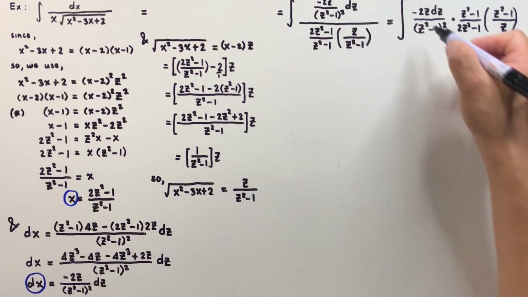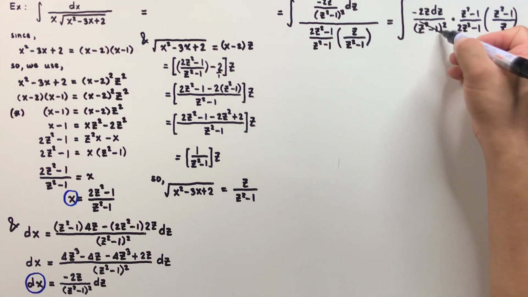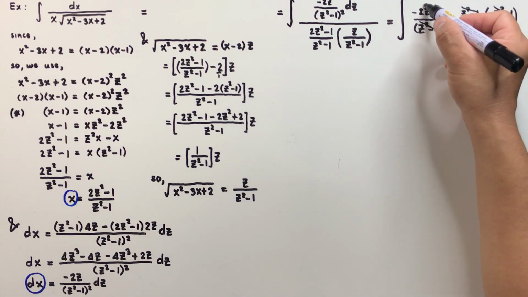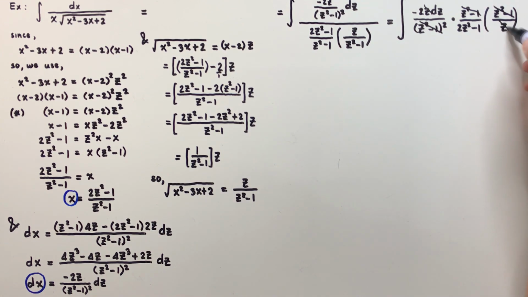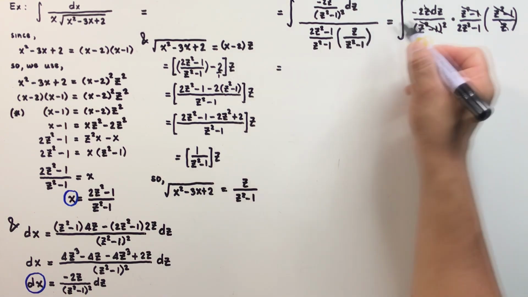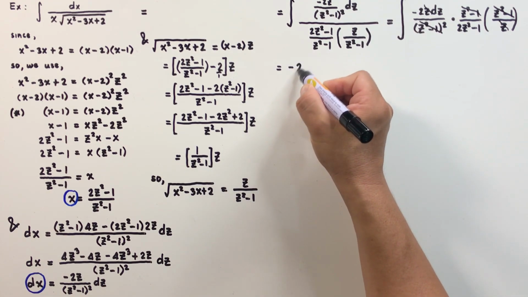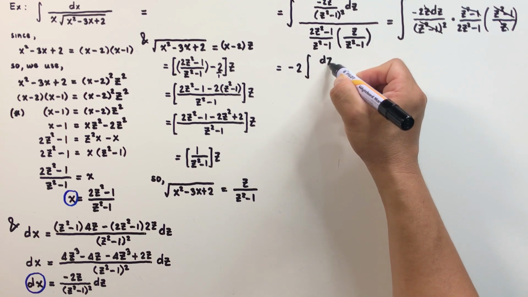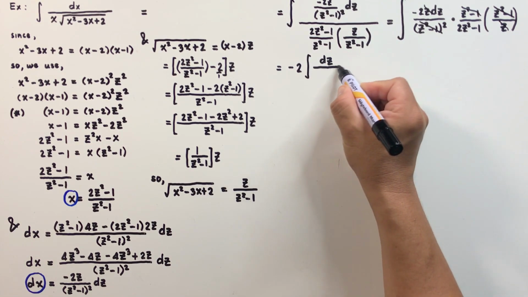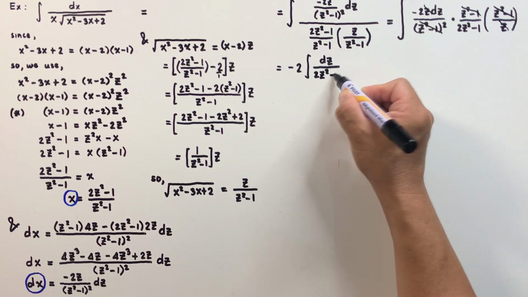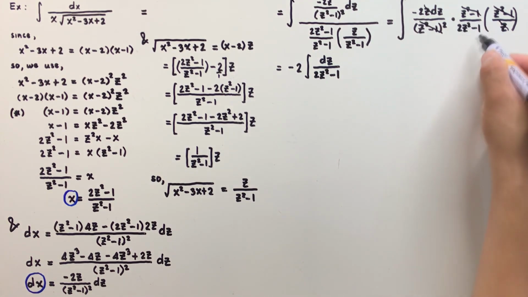And we know that this z squared minus 1 cancels with this 2z squared minus 1. And also this z cancels with the z in the denominator. So what remains is the negative 2 here, which can be factored out in front of the integral symbol. We have the dz over the denominator of 2z squared minus 1 from this one here.